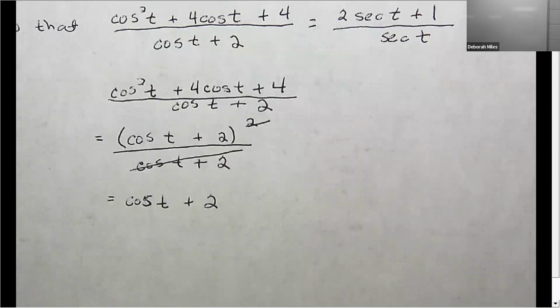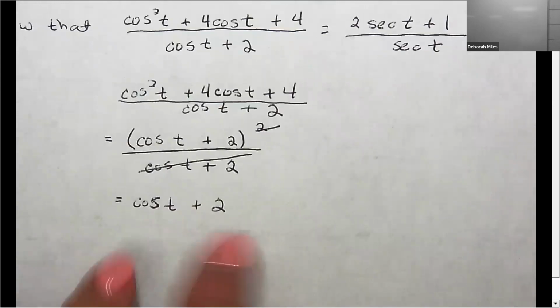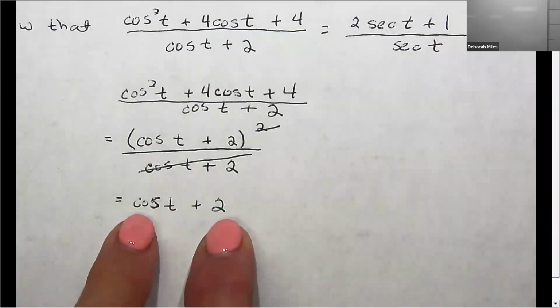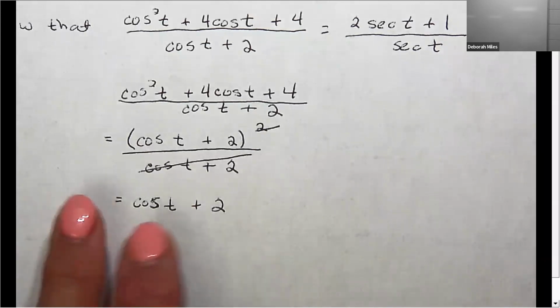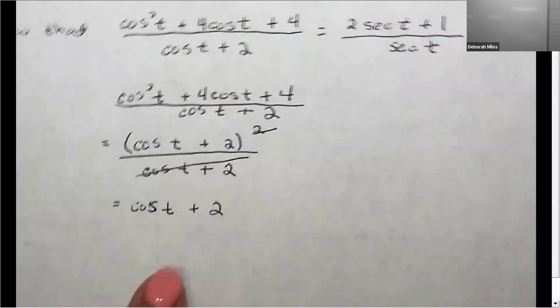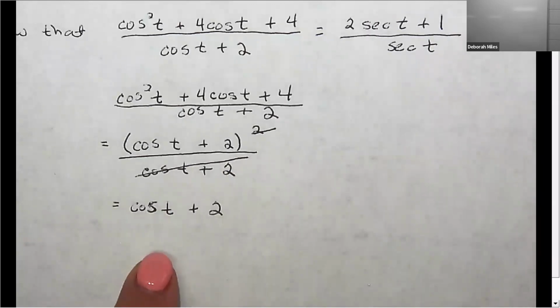I'm running through all kinds of things, but I don't, off the top of my head, see anything that I could do to suddenly make that become, well, maybe. Oh, I did just think of one thing. How could I change a cosine to a secant? In the place of cosine, I could put 1 over secant.